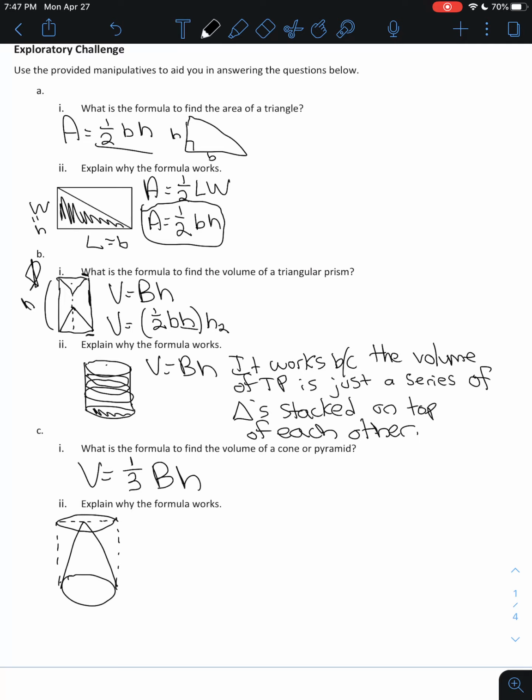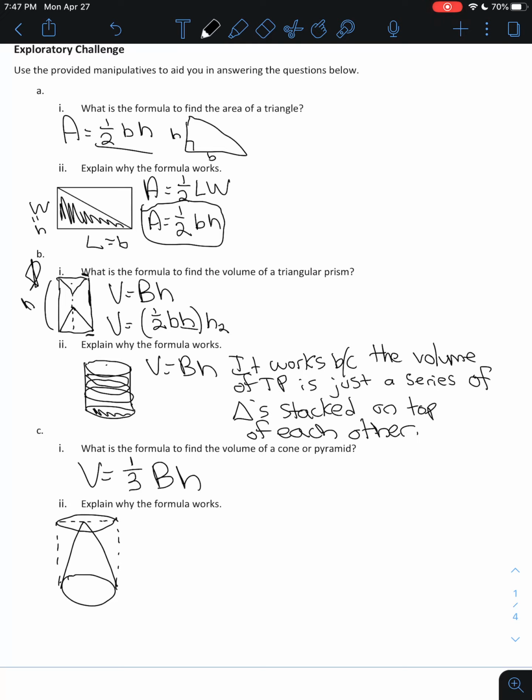So do you see how this cone fits inside the bigger cylinder? So the volume of a cone happens to be a third of the cylinder, right?